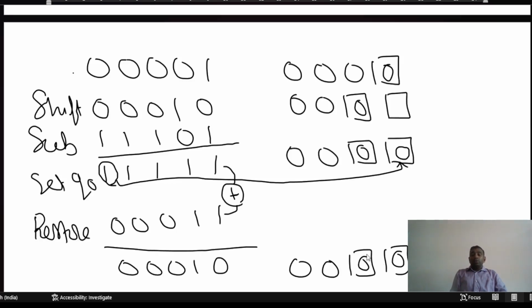quotient. So there is one question, why we need to perform 4 cycles. We perform 4 cycles because we are getting the 4 brackets in quotient.